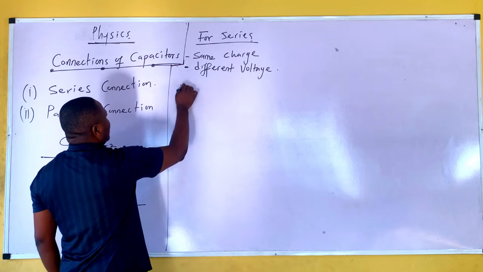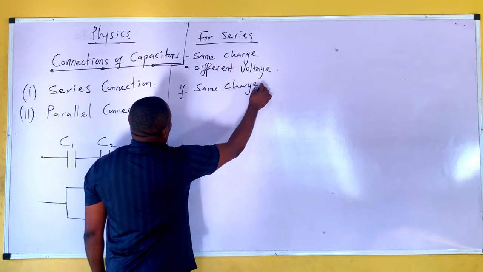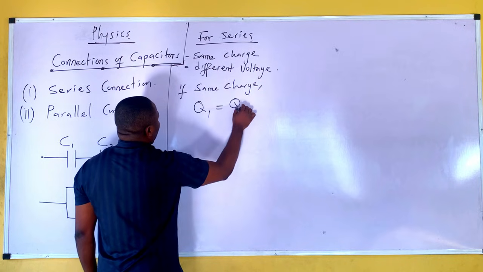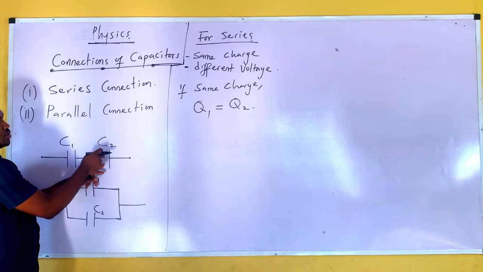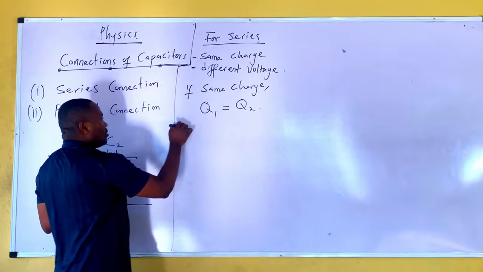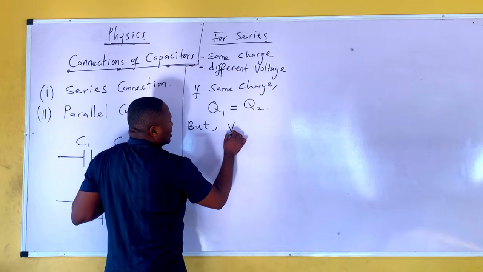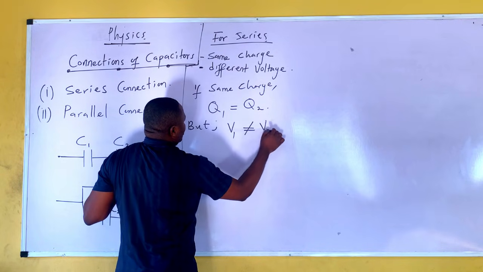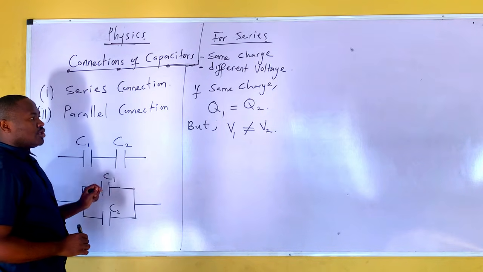Now, look at what I want to say. If same charge, it means that the charge in one is equal to the charge in two. The charge in this capacitor is equal to the charge in this capacitor. But the voltage in one is not equal to the voltage in two.